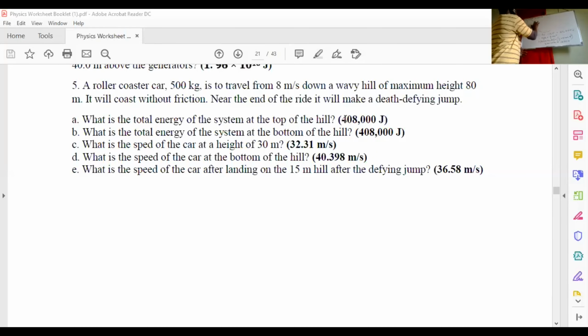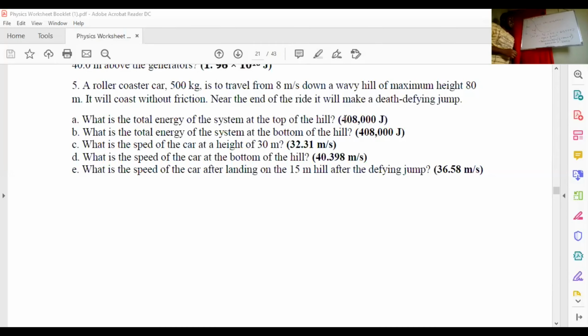So if we highlight, let's say this is our 30 meters, we want to know what the speed of the car right there is. But at that point, we know something special: the total energy is 416,000 joule.